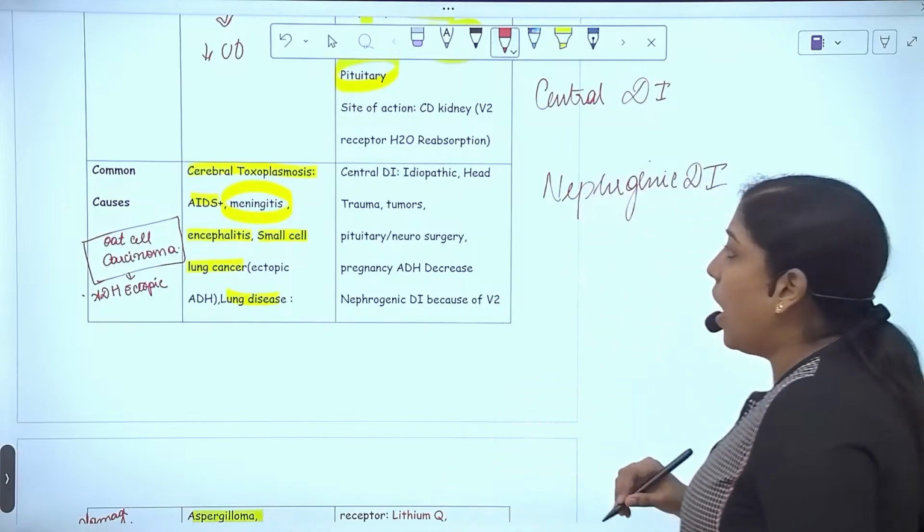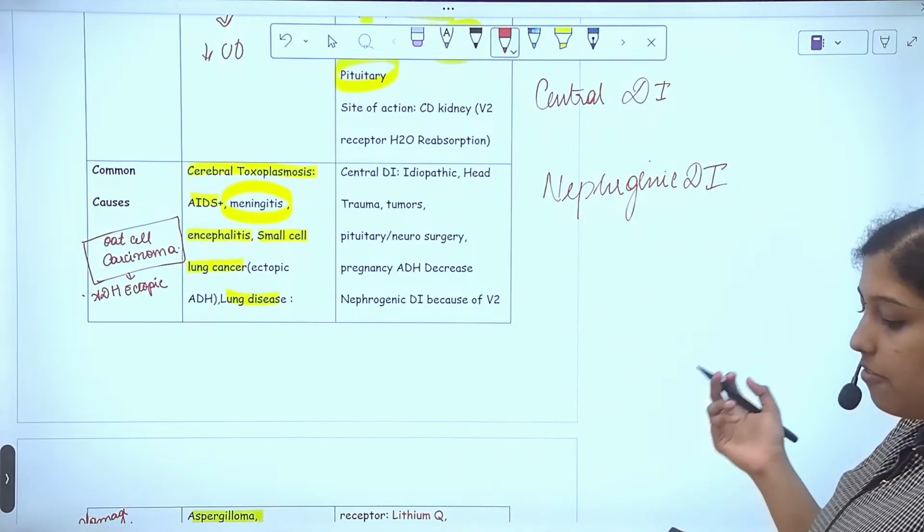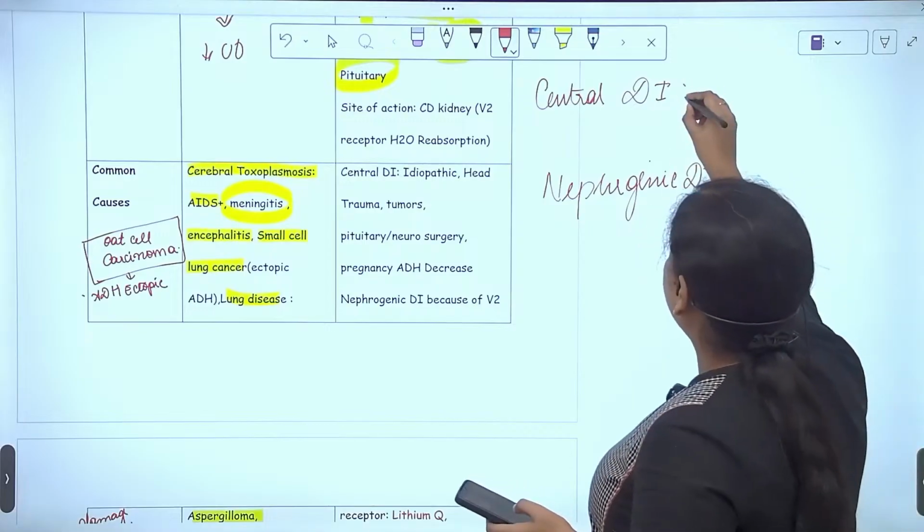So two conditions you have, and the two conditions have different findings. So what are the causes of central diabetes insipidus?